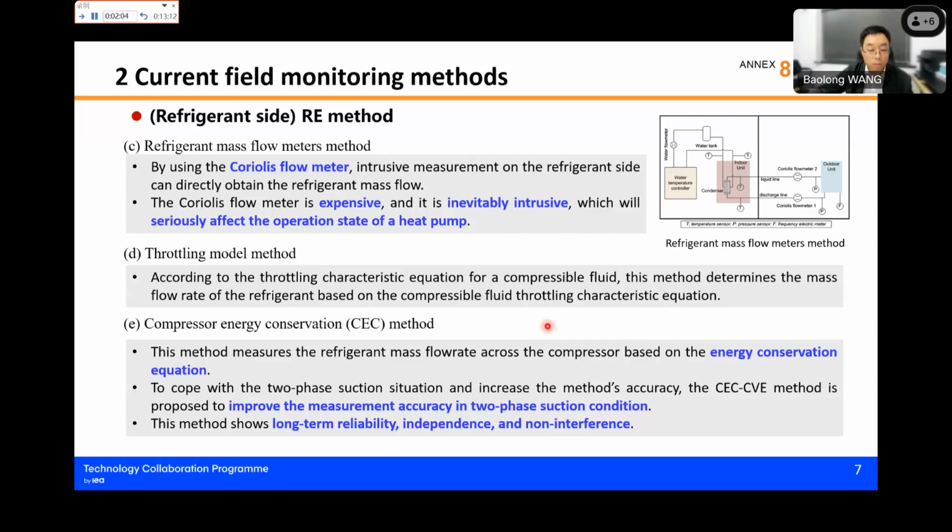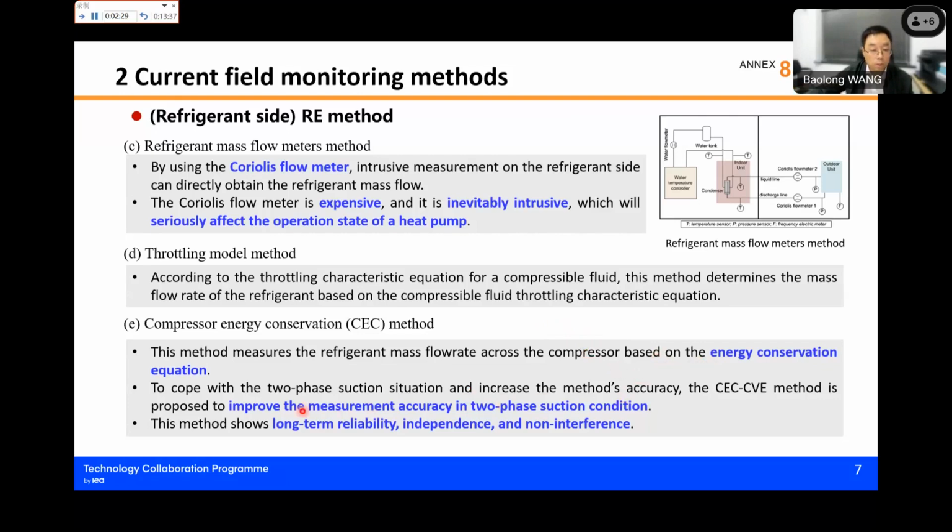So by testing the suction state of the refrigerant, the suction specific enthalpy of the compressor, and the outlet specific enthalpy of the compressor, we can calculate the mass flow rate through the compressor. So that's the general idea.